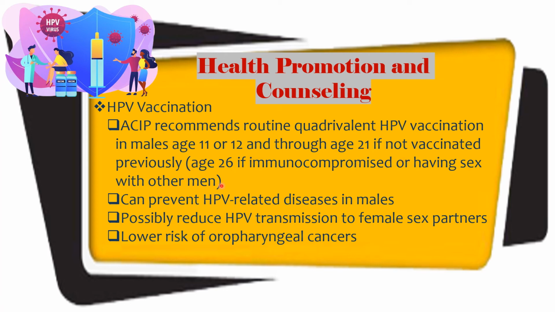For those who are immunocompromised or having sex with other men, it should be up to age 26 also, no? You have to inform your patient that HPV vaccination can prevent HPV-related diseases in males. It could possibly reduce HPV transmission to female sex partners and lower the risk of oropharyngeal cancers.